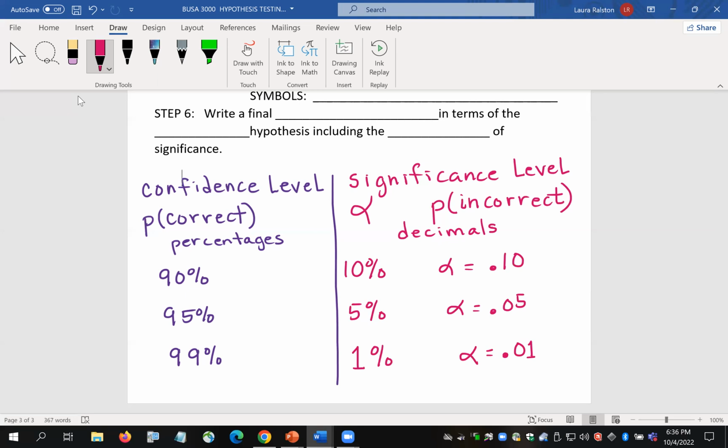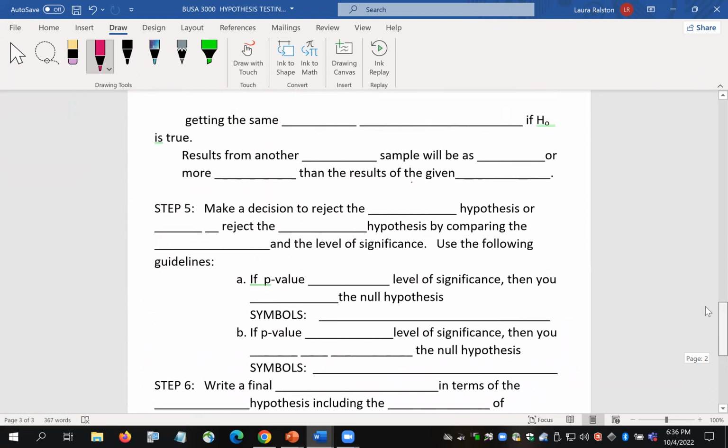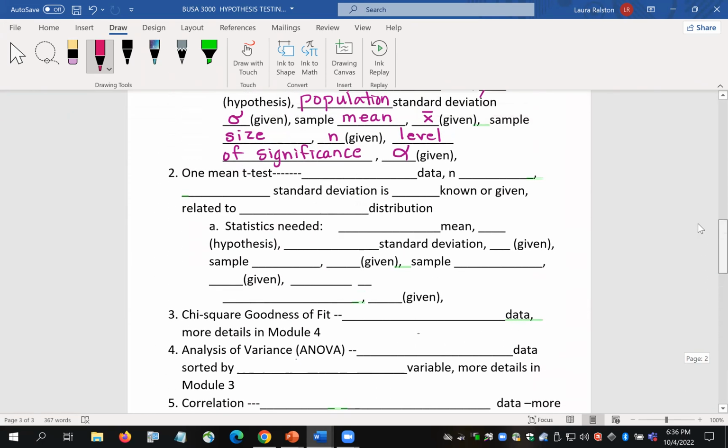Of those three, 0.05 or 5% is probably the most common that you see, which, if you'll recall, I told you that 95% was the most commonly used confidence level. So that's what we mean by significance level or level of significance, and that will be given in the problem.